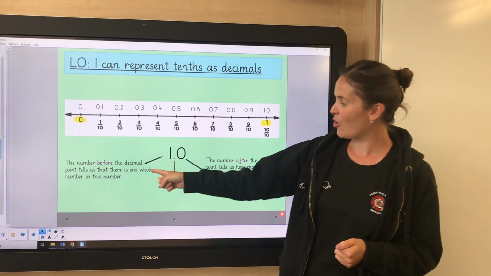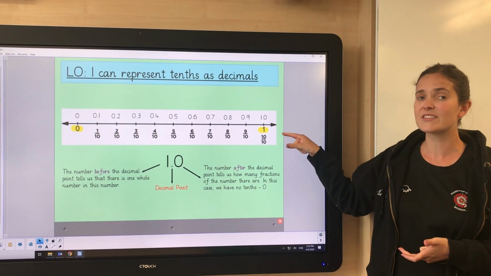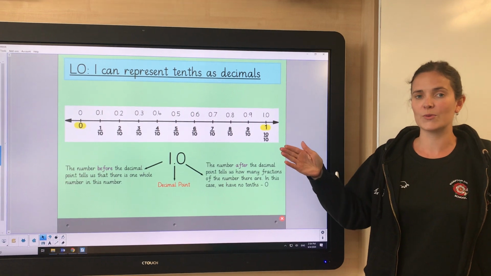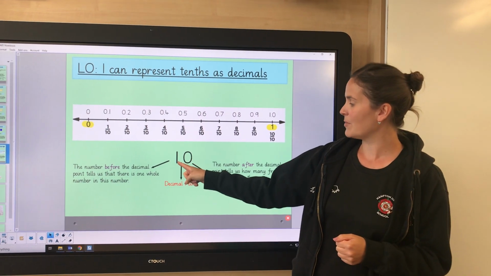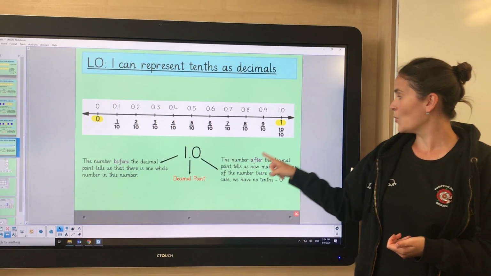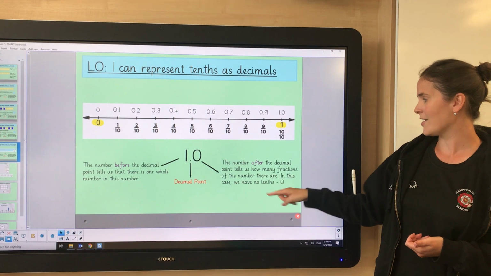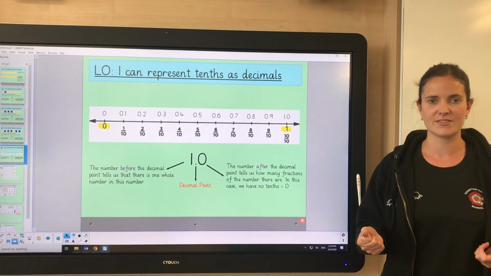So the number before the decimal point tells us that if we have 10/10, we have 1 whole. So we have 1 whole number, then the decimal point, and in this case, we have nothing after the 1 whole, which is why we have 0/10.